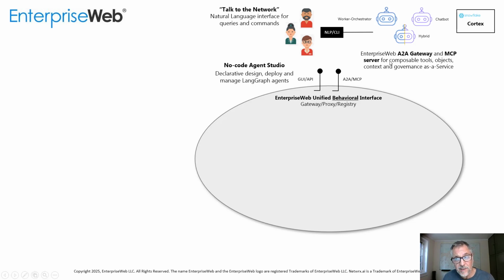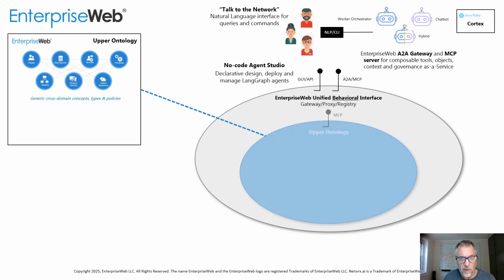But since they're independent agents, they could also call network devices or other services, other Snowflake analytics, etc. So they're not constrained to just working with Enterprise Web, but certainly they achieve superpowers through working with Enterprise Web. So let's dive deeper into how Enterprise Web does this.